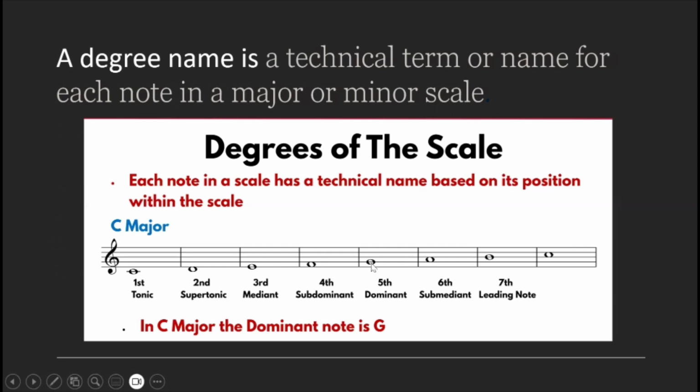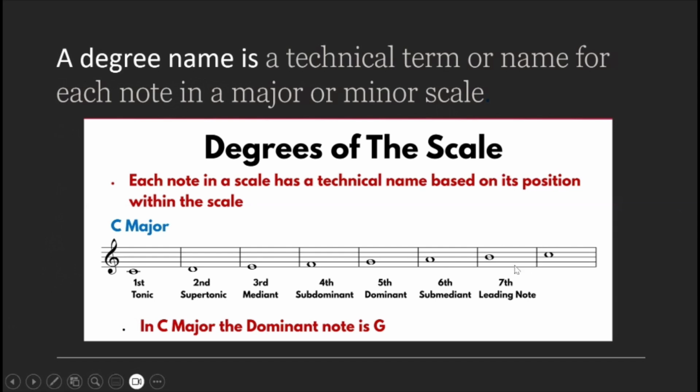Okay, Ella, your turn. The dominant. So, ti, re. All right. Sister Joy, the submediant. Is it la, do, mi? La, do, mi.